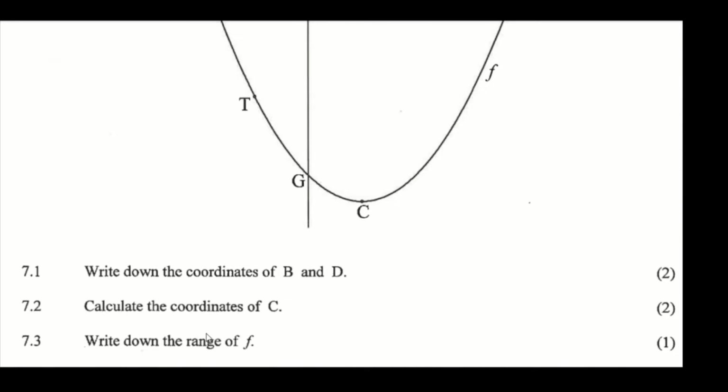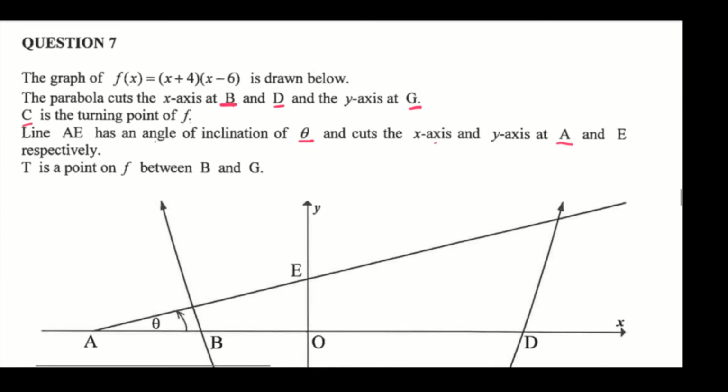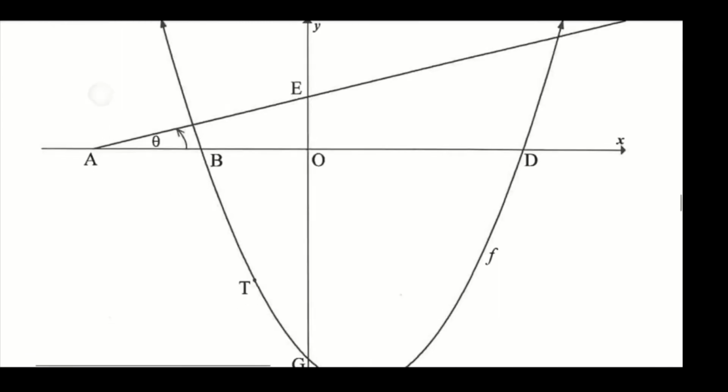Question 7.1 says that we must write down the coordinates of B and D. Remember the equation is f(x) = (x + 4)(x - 6).